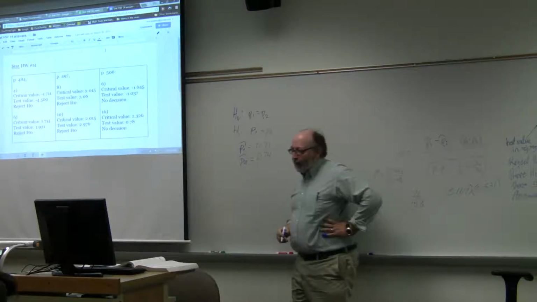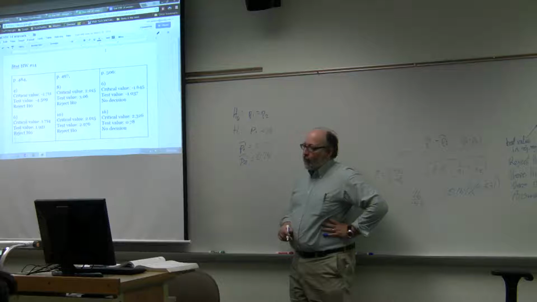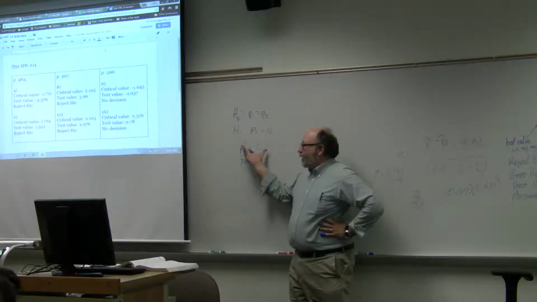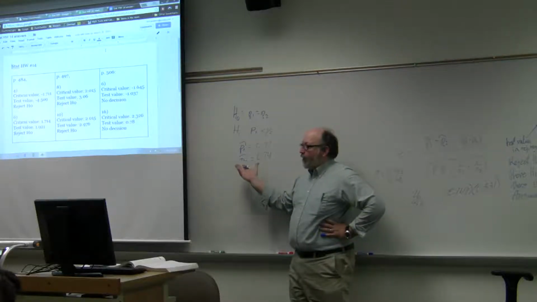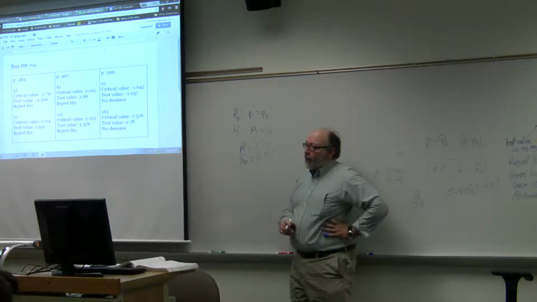Okay? From the samples, we are able to make this decision about which direction to go. We have the sample numbers. They're telling us that one of these proportions is different from the other one. Now what we're going to try to prove is, is this a significant difference?